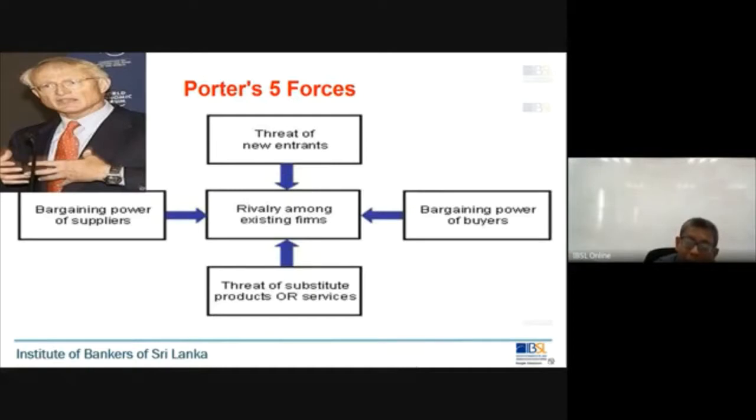And also, Dialog needs to look at what other substitutes they come across, like landlines, chats, and some computer and other modes of communication, other than the normal routing of the mobile providers.